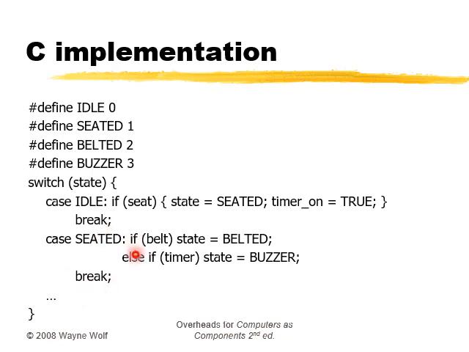There are a few cases that are missed here, but the purpose is just to let you know that we are going from one state to another state, and we check the input first. For example, if seated, from the sensor; if belted, from the sensor; if timer, from the sensor. Then we move on to the next state.